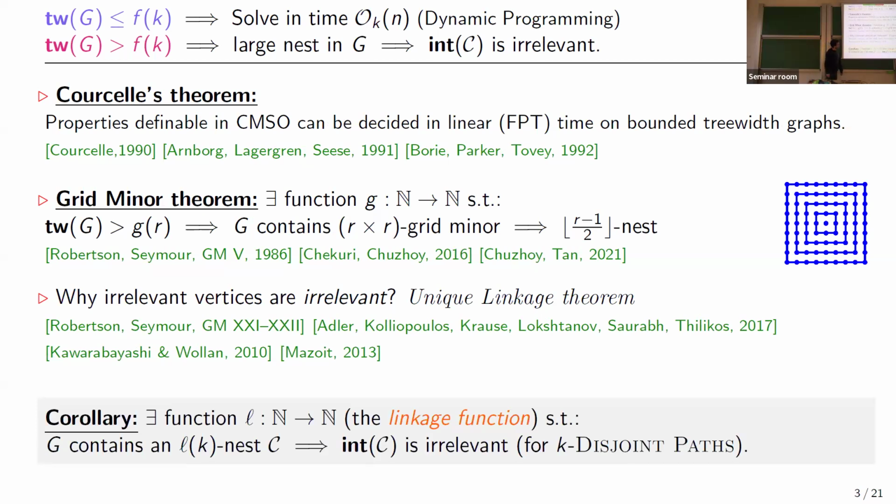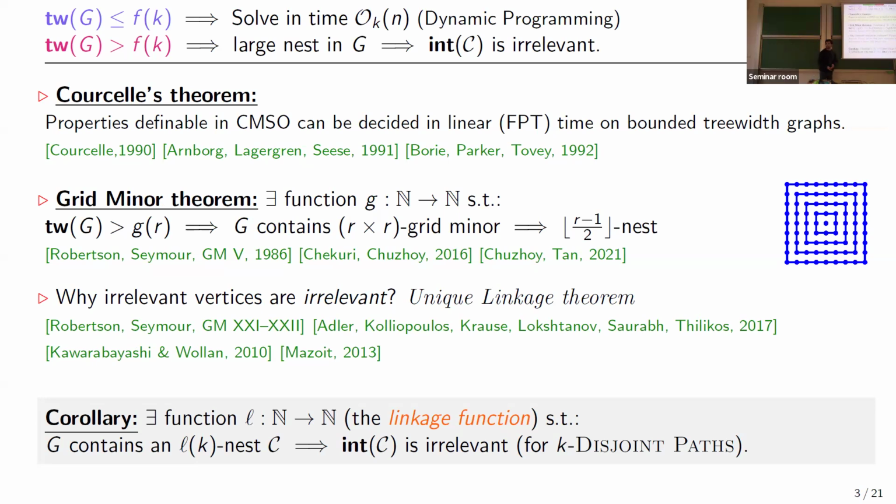And a result that you can get as a byproduct of the unique linkage theorem, the main combinatorial base behind the irrelevant vertex technique, is the following result: that there exists a function that I will call the linkage function that says that if I have a large enough nest, then the interior of the nest is irrelevant for the disjoint path problem.